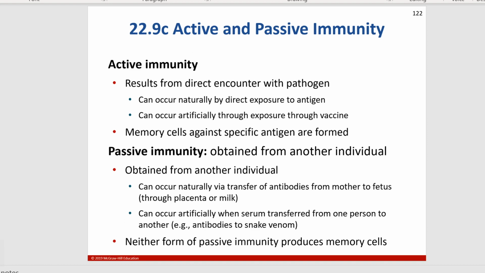We can also split it up in terms of active immunity and passive immunity. Active immunity occurs when an individual has a direct encounter with the antigen, the protein, and the whole thing that I just described unfolds. There's also passive immunity, where you get antibodies from another person that will help fight it.